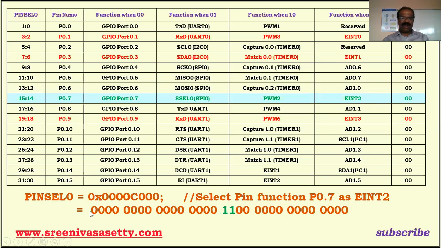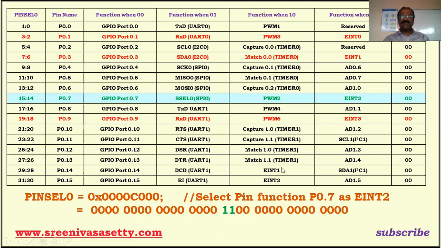What is the hexadecimal equivalent of this? 0000 1100 is nothing but 12, that is C, followed by zeros: 0xC000. That is the hexadecimal equivalent. If you write this into the pin select 0 register, which is a 32-bit register, we are going to configure P0.7 as external interrupt 2. That's the meaning of this.